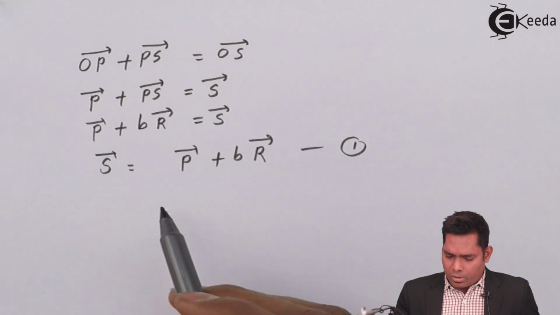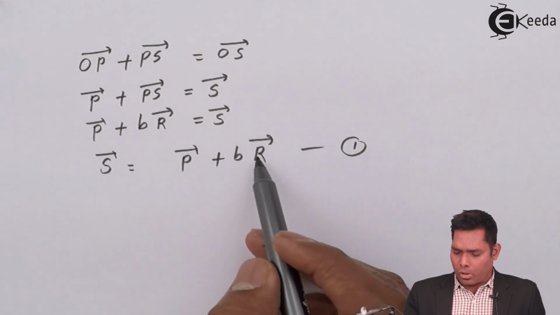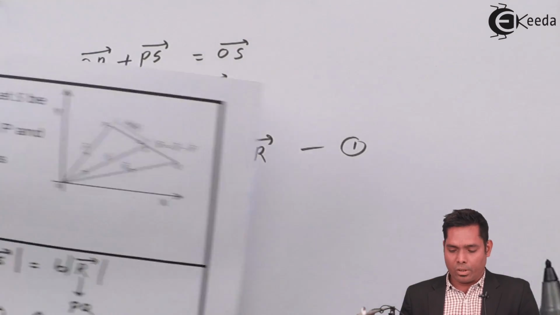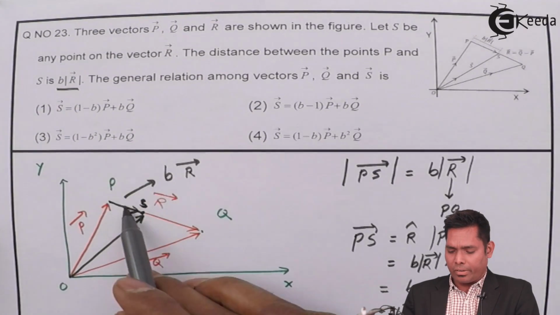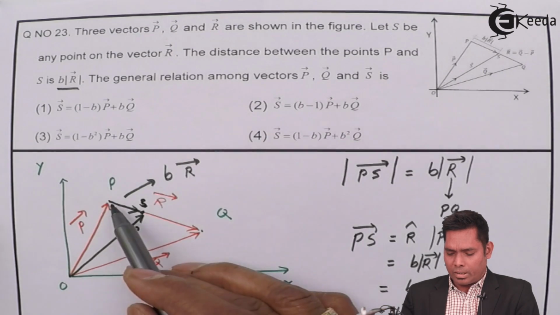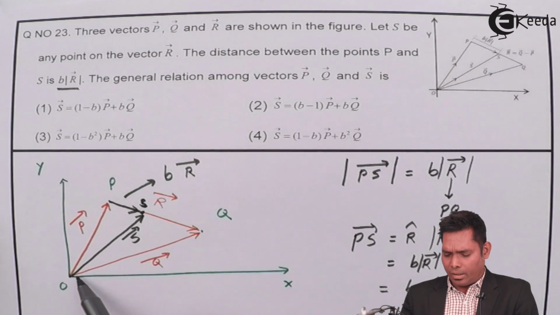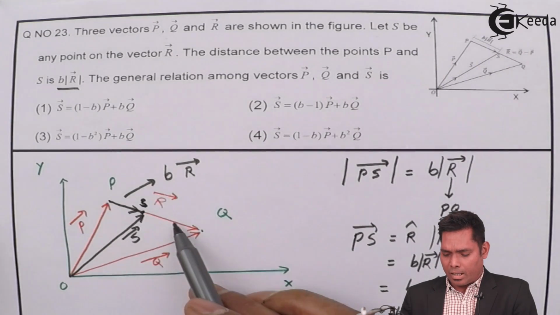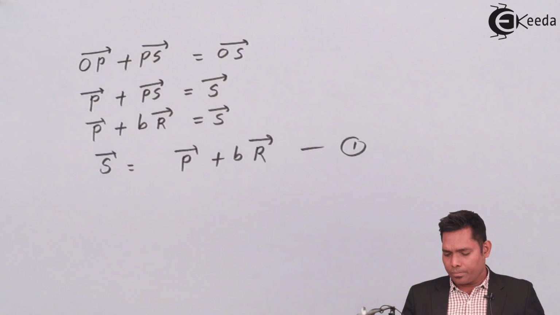I want the relation between S, P and Q but not R. So what R do I have to replace? You can see what the R vector is. This vector plus this vector is this vector. So the P vector plus the R vector is the Q vector.